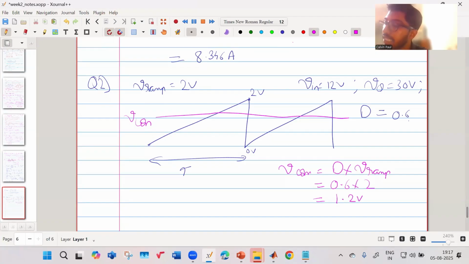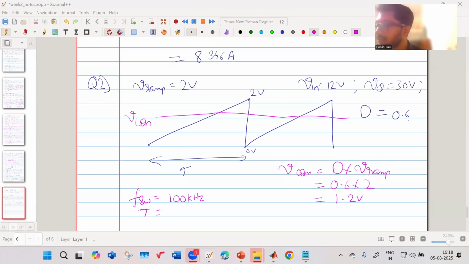Next part of the question is saying that your switching frequency, let us say, is 100 kilohertz. If your switching frequency is 100 kilohertz, what will be your time t? Your time t will be 1 by 100k, that is 10 into 10 to the power minus 6, that is 10 microsecond. And this has a slope.